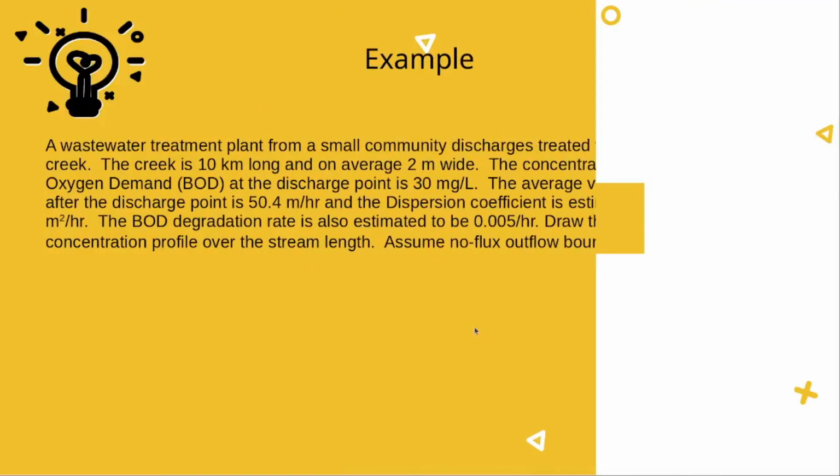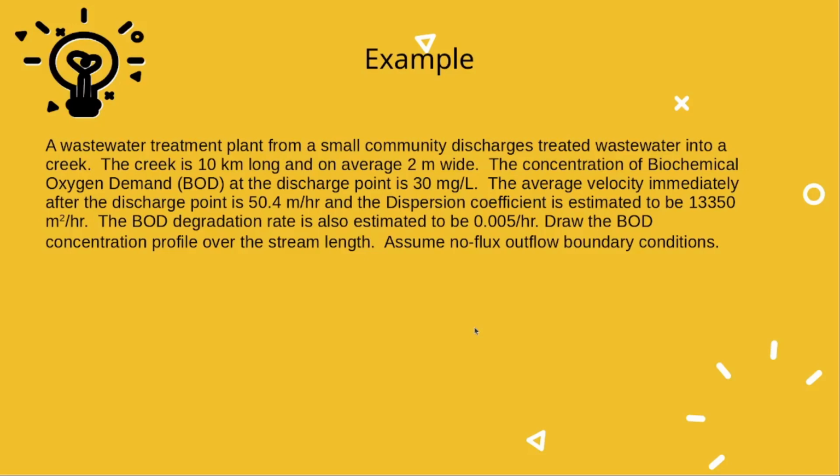In our illustrative example, we are going to look at a wastewater treatment plant from a small community that discharges treated wastewater into a creek. The creek is 10 kilometers long and on average 2 meters wide. So it's a fairly long, thin creek.